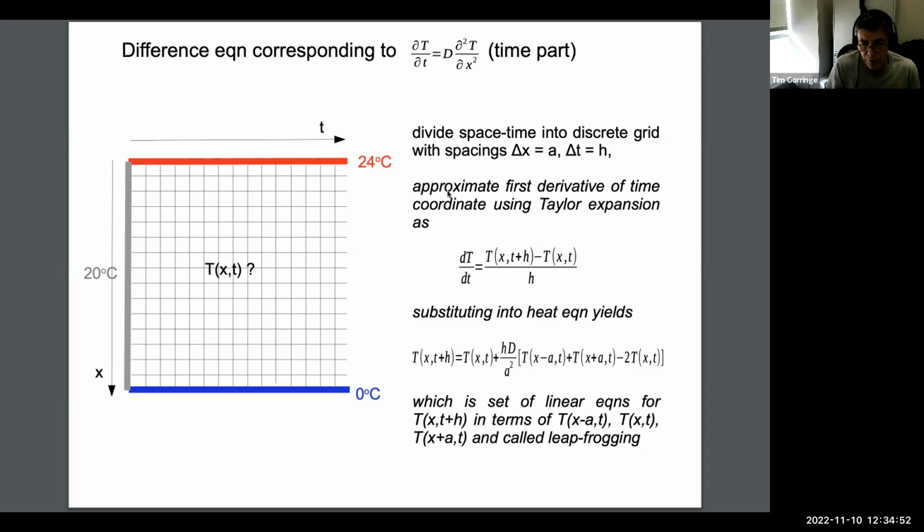Now I want to do the same thing for the part of the heat equation that describes the time dependence, which has the differential with respect to time. Again, this is a matter of using the Taylor expansion to replace the differential with respect to time, a first order differential, with a difference equation.